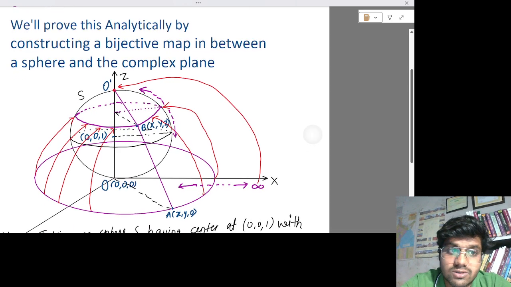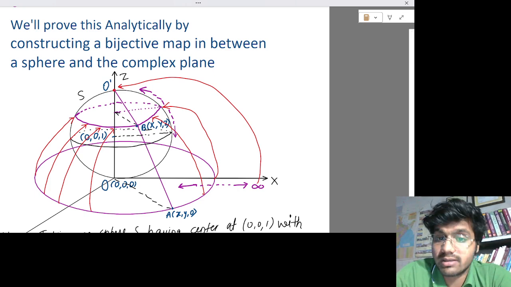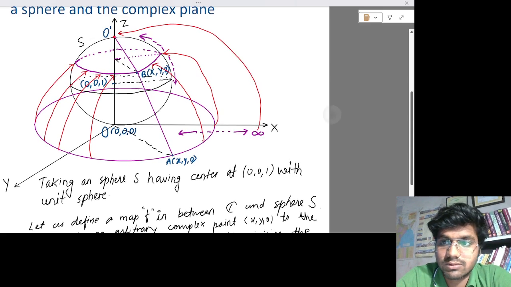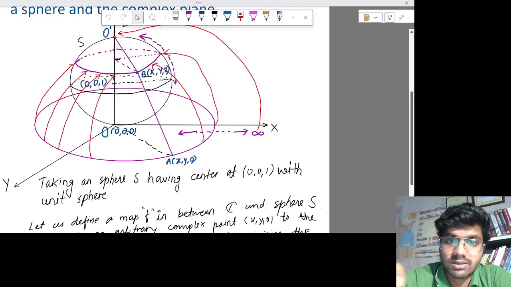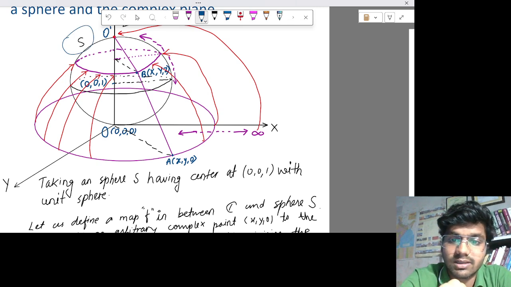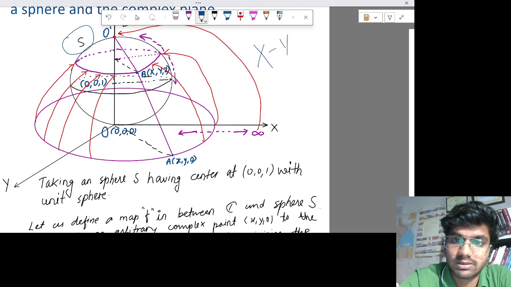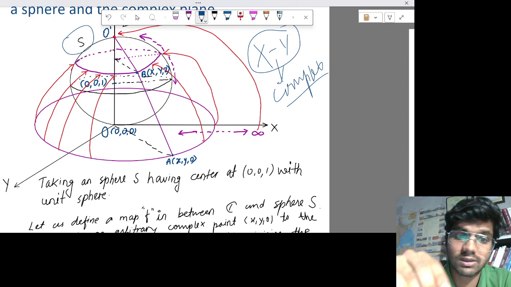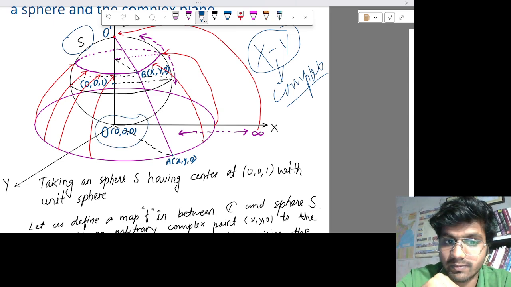We'll construct a function which will be bijective between the sphere and the complex plane. You can see here, I have taken a sphere S and the complex plane xy. This xy plane is the complex plane, and I took a sphere S and put it above the origin.